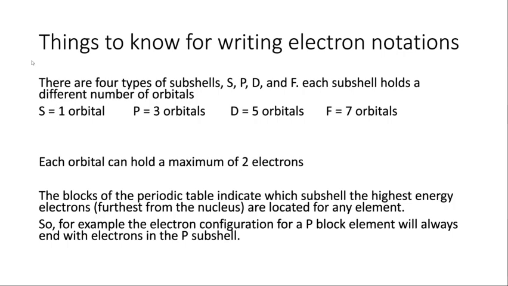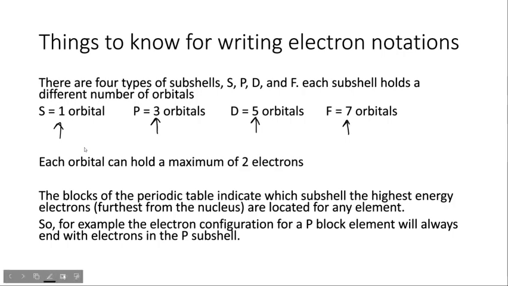So things to know before we jump into writing these. There are 4 types of subshells: S, P, D, and F. Each subshell holds a different number of orbitals, right? S has only 1 orbital, P has 3, D has 5, and F subshells have 7 orbitals.